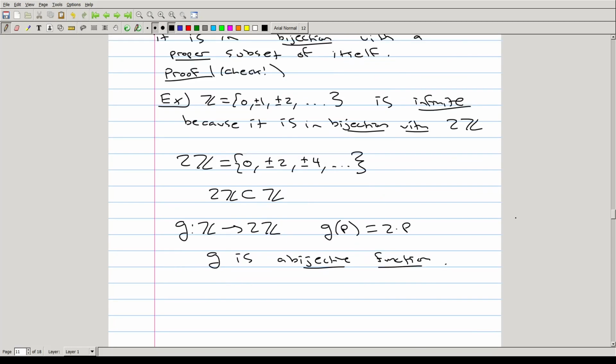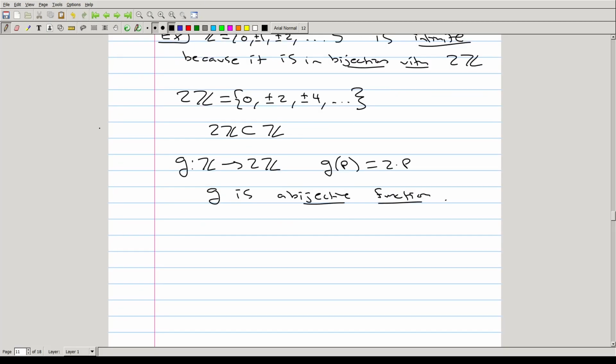So this property characterizes the fact that the set of all integers is an infinite set because it has the same cardinality as a proper subset of itself.